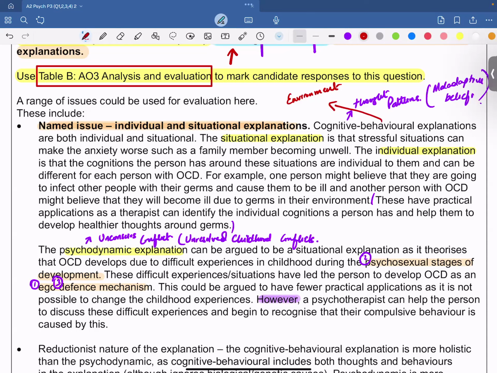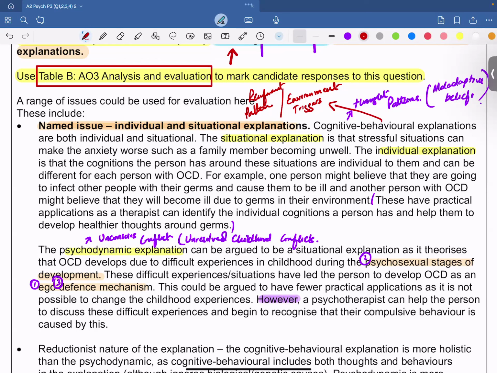So the behavioral explanation focuses on environmental triggers and reinforcement patterns. You could write down your reinforcement patterns. For example, compulsions arise from negative reinforcement in specific situations, which we have discussed in detail earlier.